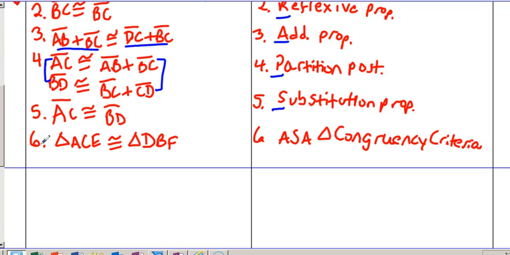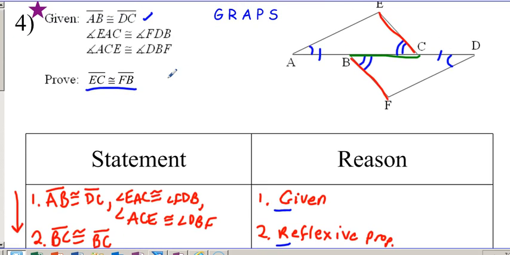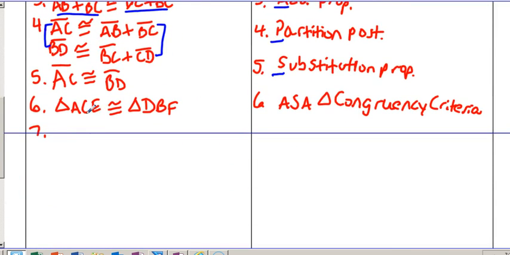Almost there, folks. Step 7. We have our congruent triangles. And we're ready for the corresponding parts. We need EC to FB. Well, come down here, EC, FB. EC is congruent to FB.